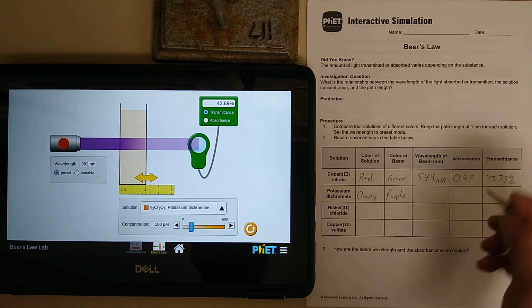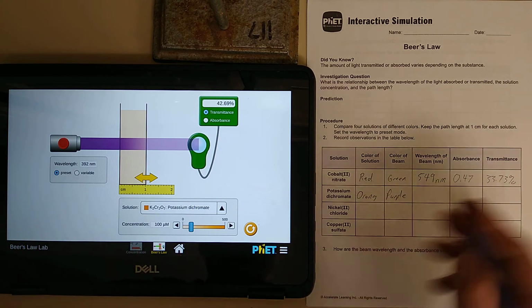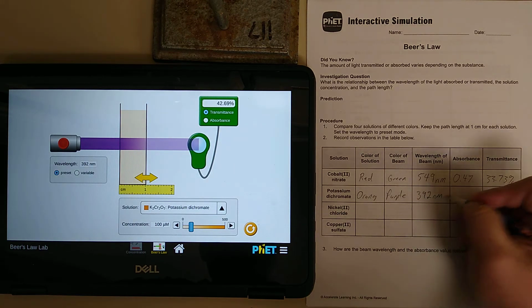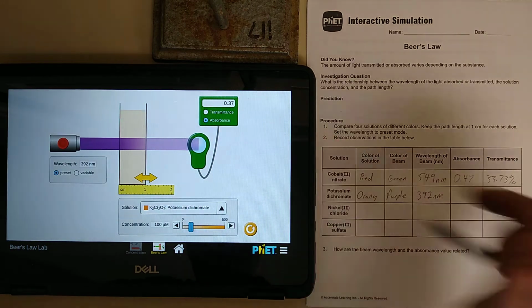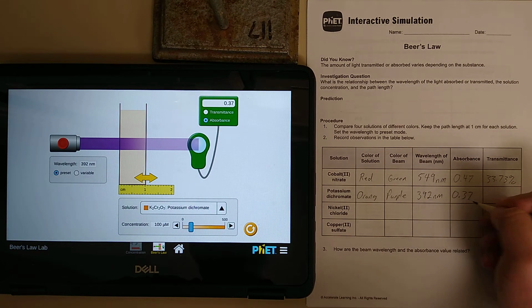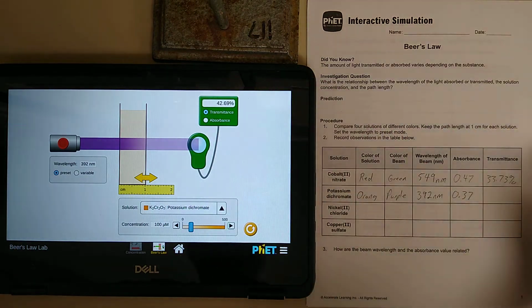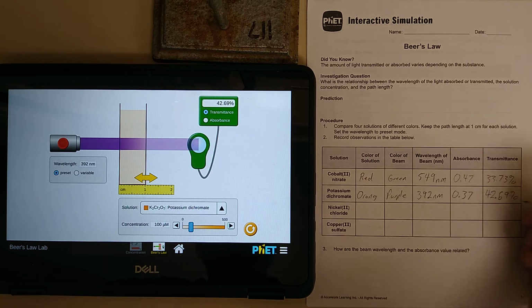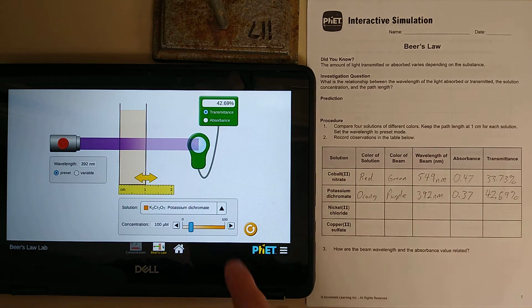The wavelength is 392 nanometers. Absorbance is 0.37. Transmittance is 42.69%.